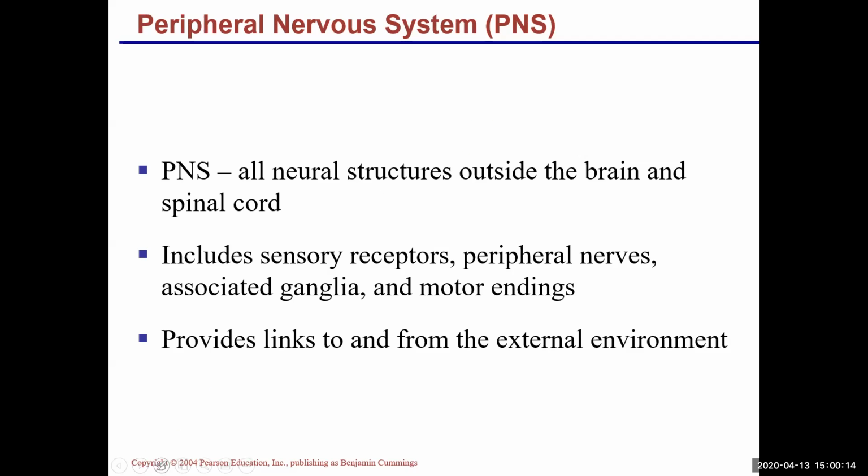If you recall, you start off with a receptor, and then via the sensory neuron, information goes to the control center or central processor, and then via the motor neuron, it goes to the effector. Mostly we're going to be looking at the receptor.